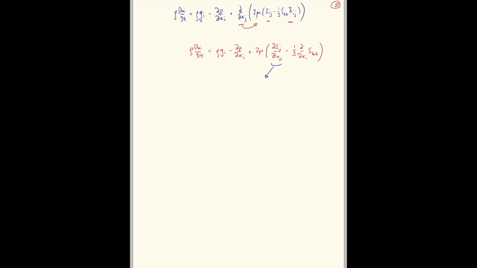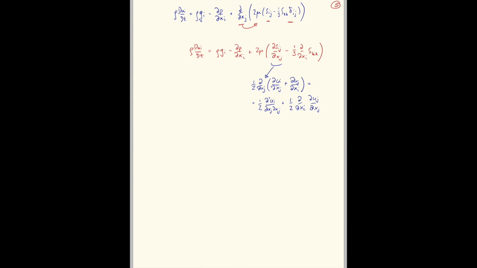So this is a half d by dxj of dui dxj plus duj dxi, which is a half d squared ui dxj dxj plus a half d by dxi of duj dxj.